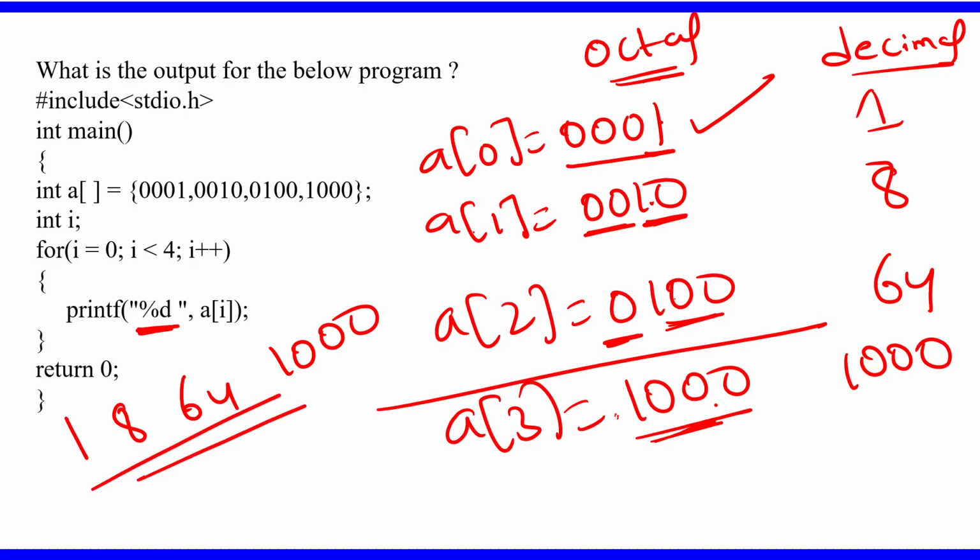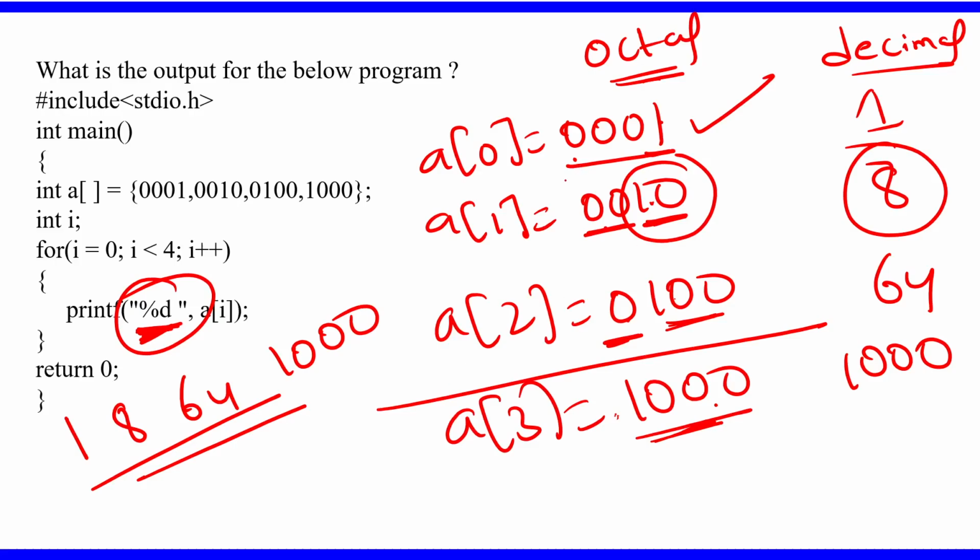The important point you are learning here: if in front of a number you include a single 0 or n number of zeros while assigning the value inside the program, that value is an octal number, not a decimal number. But I am printing percent d, so I am expecting a decimal output. So, 10 in octal becomes 8 in decimal and so on.